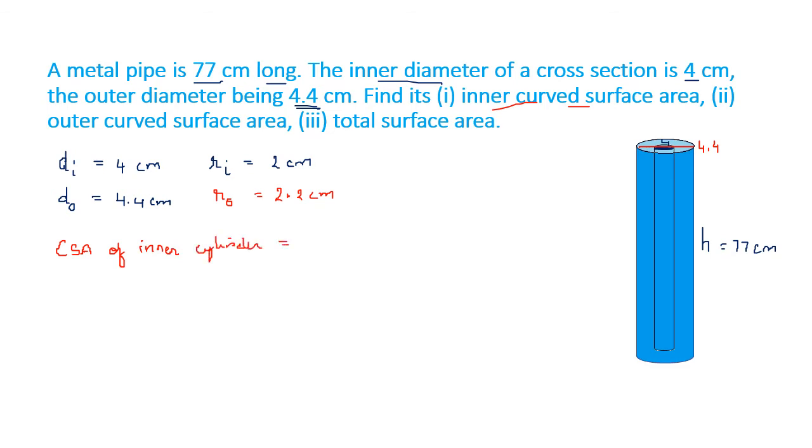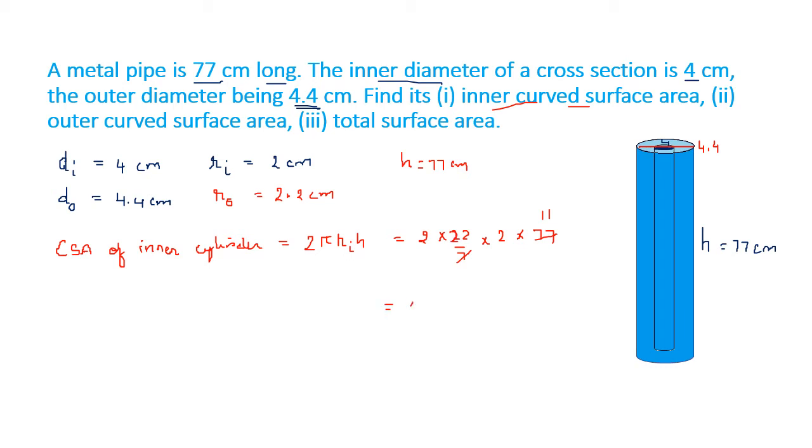What is the formula? Do you remember? 2 pi r, I'll write R_I H because it is the inner cylinder, H will remain the same. So 2 into 22 upon 7 into R_I. R_I is 1, H is 77 centimeter. 2 ones are 2, 7 ones are 7, 11s are.